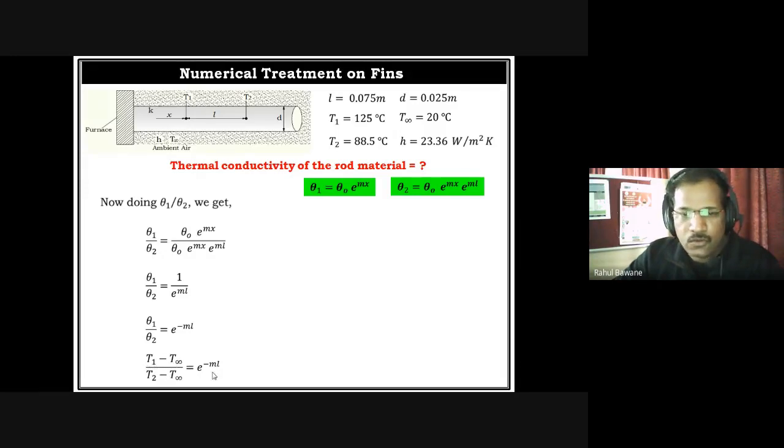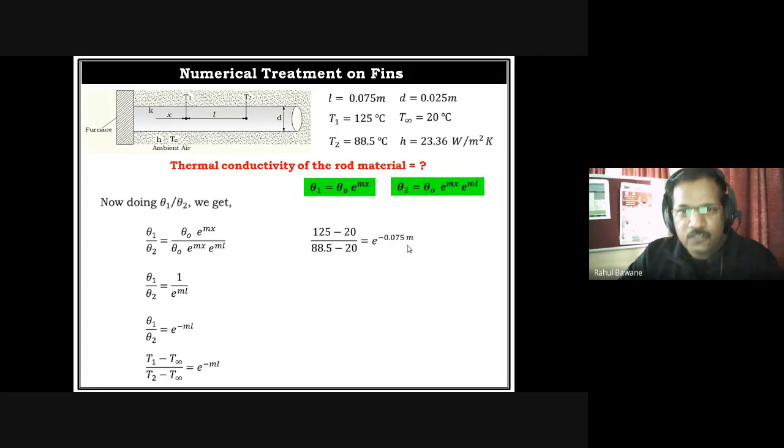So if I put the temperature values and the L value, that is the distance between two points, 75 mm, still m is unknown. So 125 minus 20 over 88.5 minus 20 equals e raised to the power minus 0.075 m. Why does m still remain unknown?